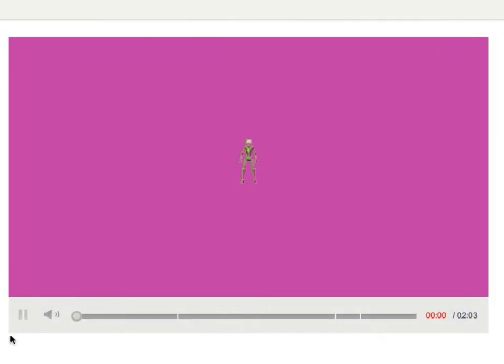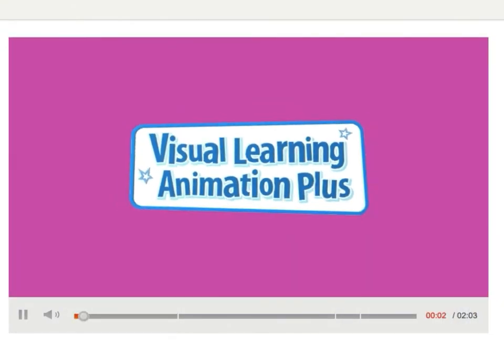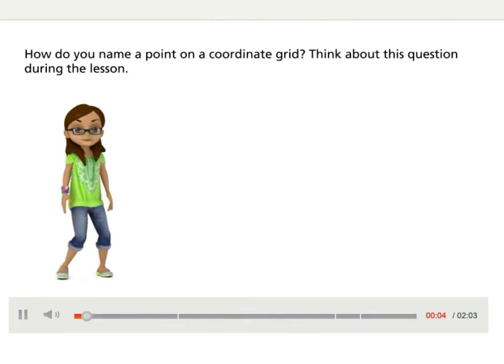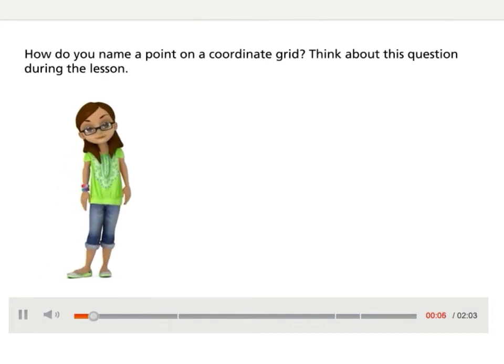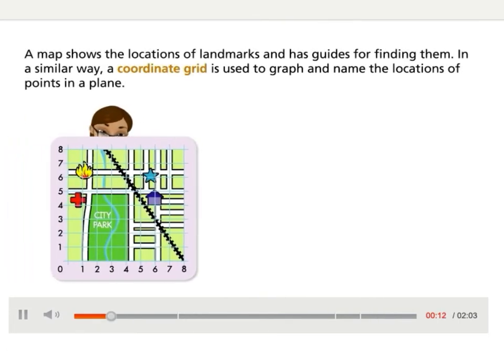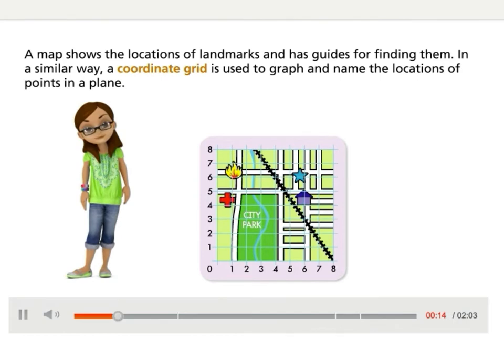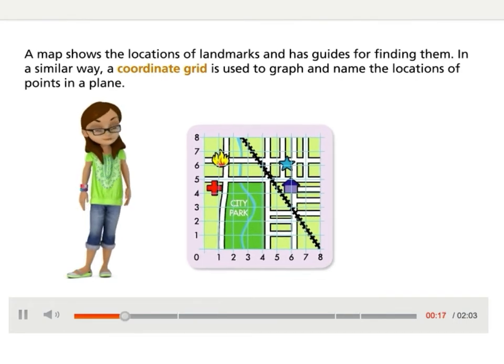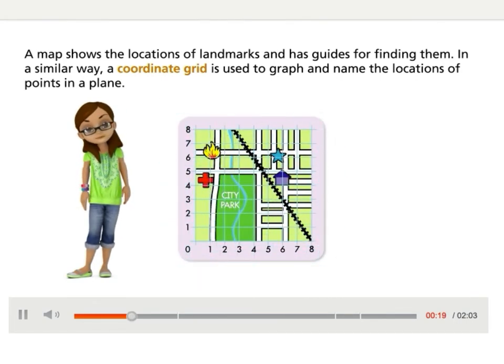Okay, so let's have next page, 778. How do you name a point on a coordinate grid? Think about this question during the lesson. A map shows the locations of landmarks and has guides for finding them.